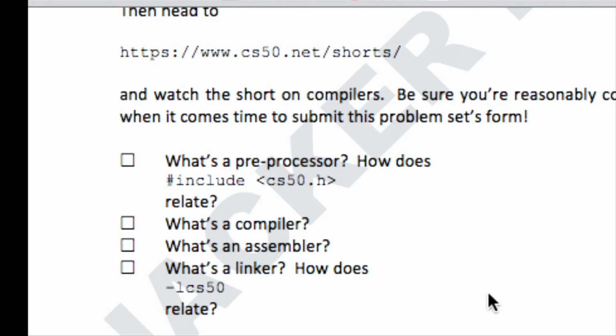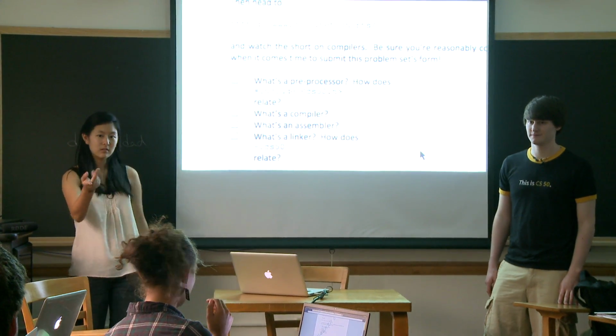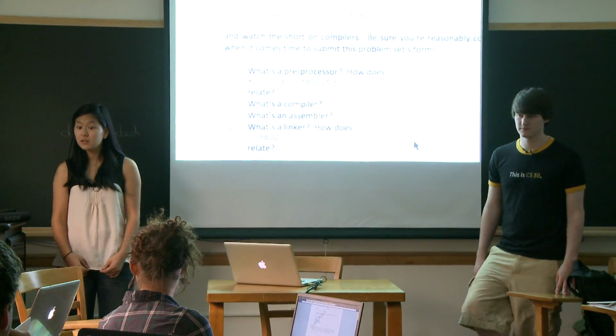Okay, and then for the last one, what's a linker and how does -lcs50 relate? Anyone? So this is the hardest and least explained one in the compiler video. Does anyone remember seeing -lcs50 in a command? It's in the make. Yeah.